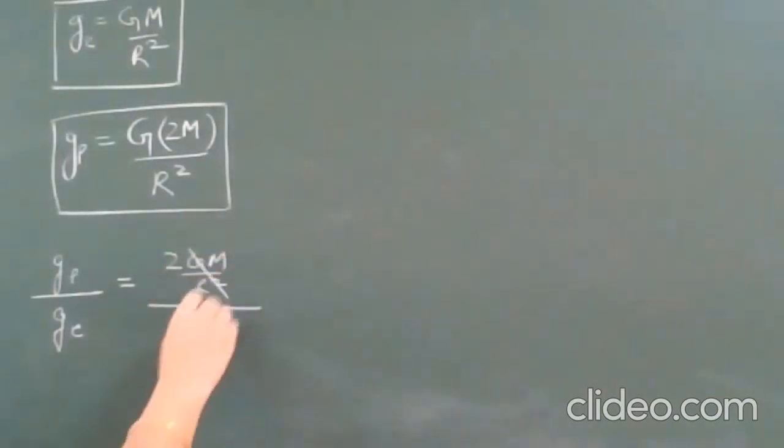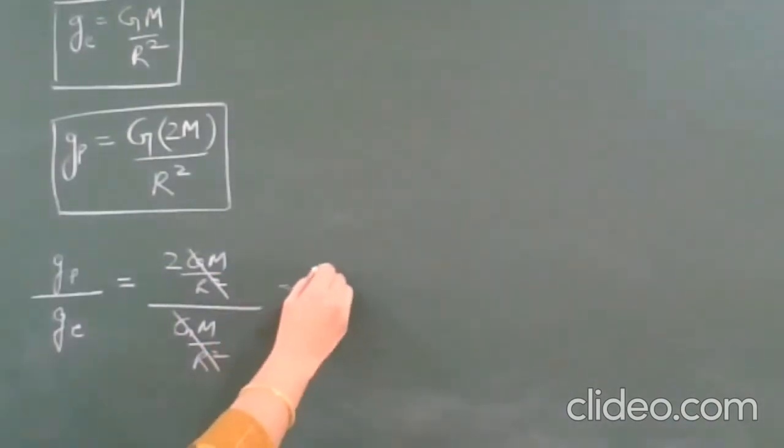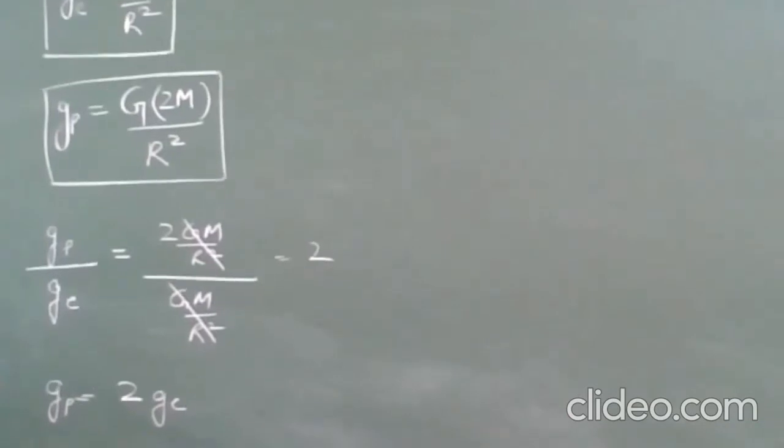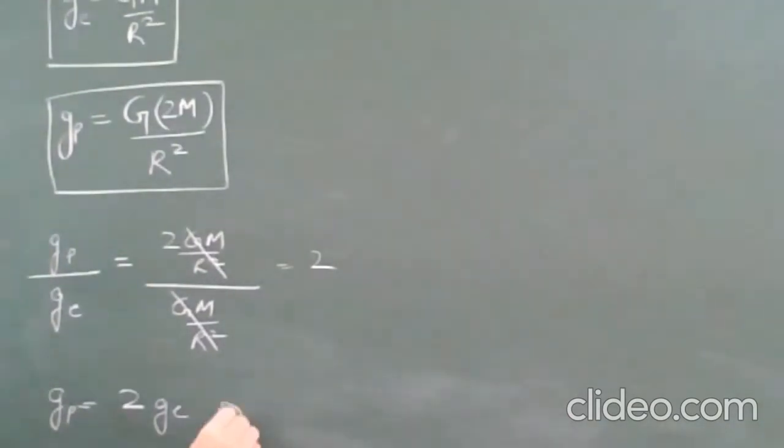The common terms go away and I am left with only a constant 2 in the numerator. So g on that planet is coming out to be twice of g on Earth, or I can rewrite this as g on planet is twice g on Earth.